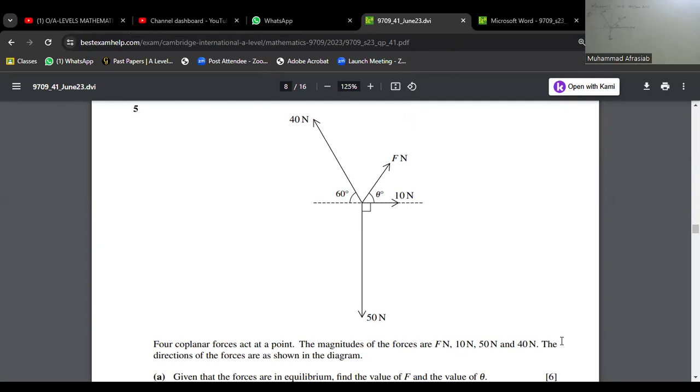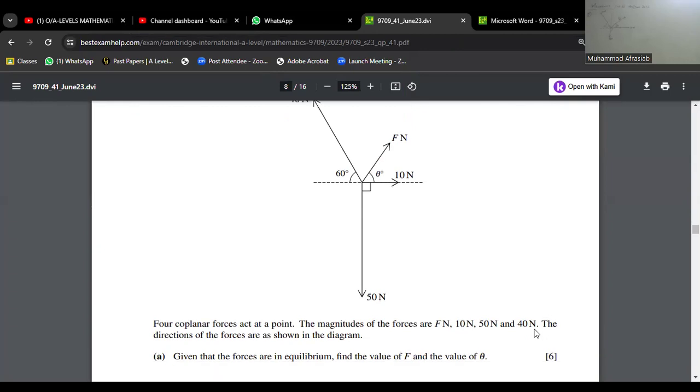The magnitudes of the forces are F Newton, 10 Newton, 50 Newton, and 40 Newton. The directions of the forces are shown in the diagram. Given that the forces are in equilibrium, find the value of F and theta.